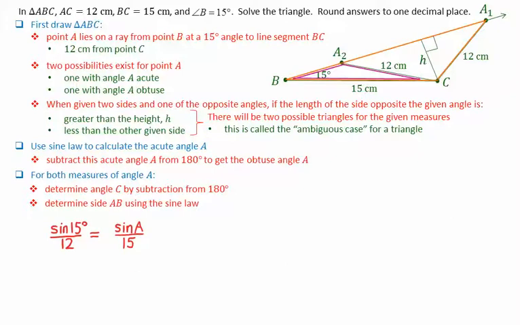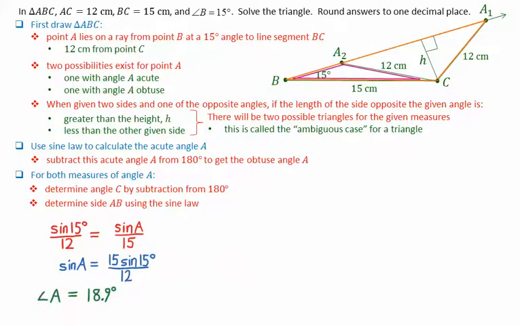Starting this out, we'll use the sine law to first calculate sine of A. Sine 15 degrees over 12, that's going to be sine of angle B over side B equals sine of angle A over side A. This results in sine A equals 15 times sine 15 degrees divided by 12.